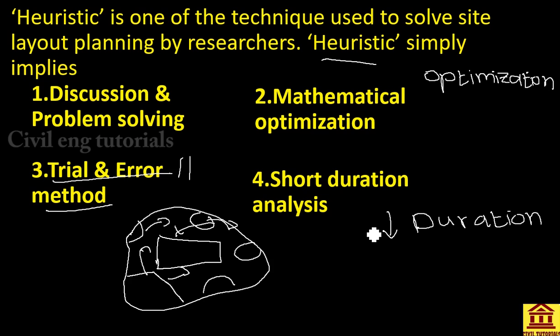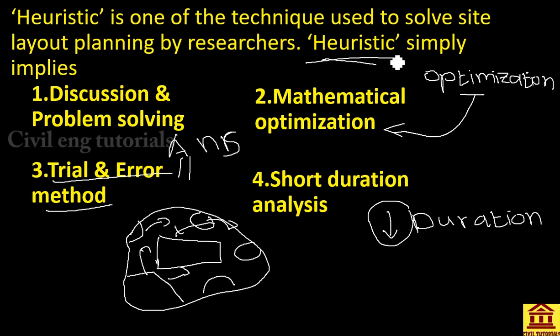So while we are doing some trials, we can reduce the day-to-day times, and finally we can reduce the total duration. So the word heuristic implies the trial and error method for our site layout planning. Optimization plans are basically combined with mathematical models. So the answer for this question is the trial and error method. That is what is meant by the word heuristic.